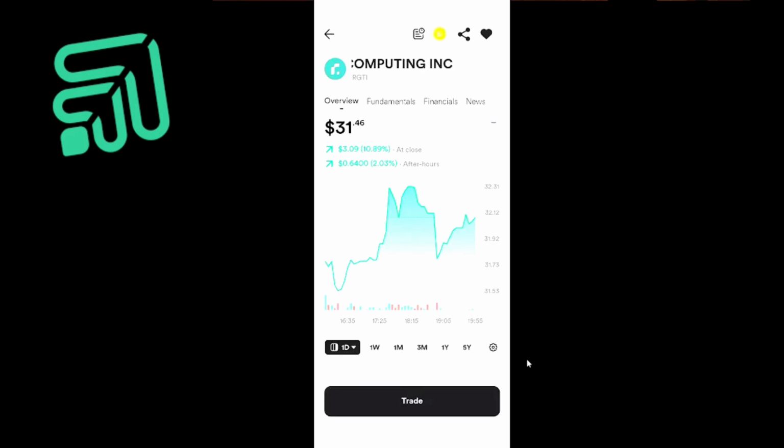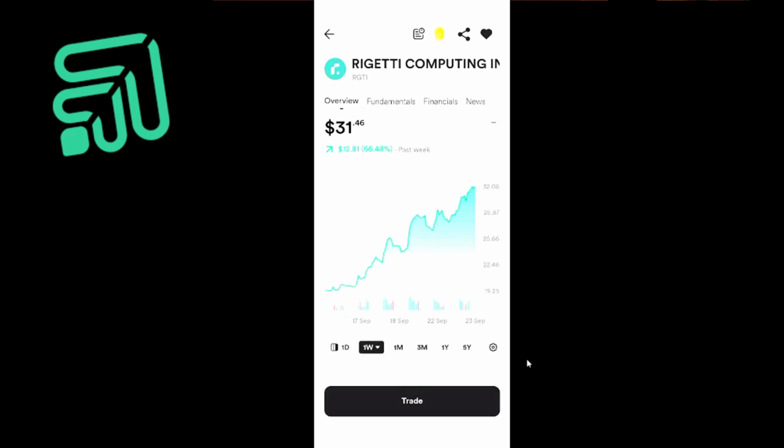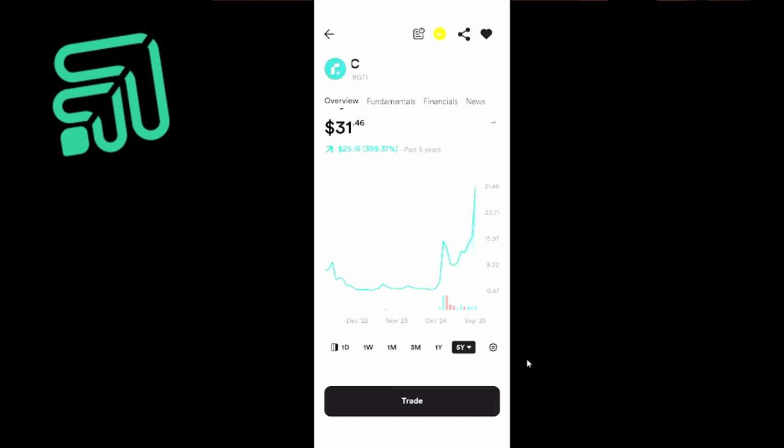So it's doing good actually. So in the bottom again, you could check on the weekly time frame and then the monthly time frame, 3 months, 1 year, and 5 years. Unfortunately, they don't have a year to date, which is a requirement.